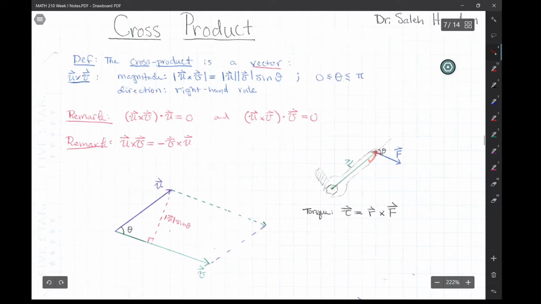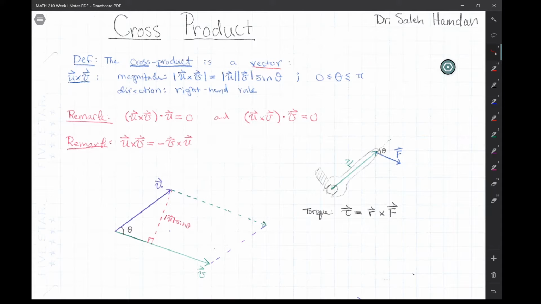And suppose we apply a force F that makes an angle theta with r, then the magnitude that we would get by taking the magnitude of r and F times sine theta is going to be the magnitude of the torque. And where would the torque point? In this case, it would point inwards, okay? So r cross F would point inward. And notice here, sine theta, what's the most that sine theta can be?